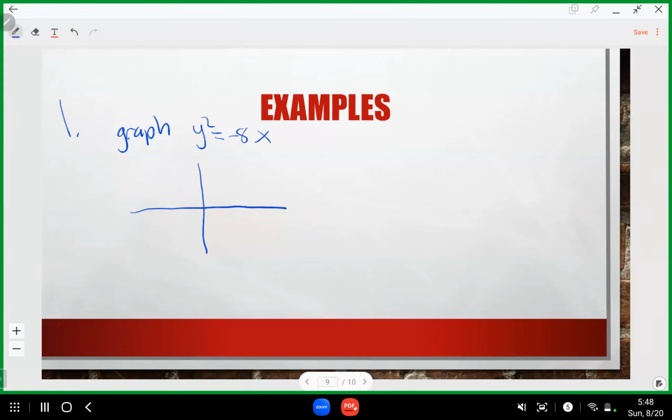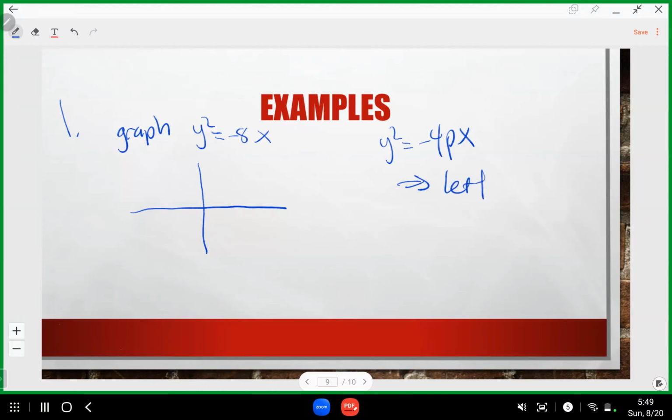You can't always plot points. First of all, what kind of equation is this? It's y squared equals negative 4px, right? What does that tell us? What does it open up to? I think to the left. That's good. It opens up to the left.